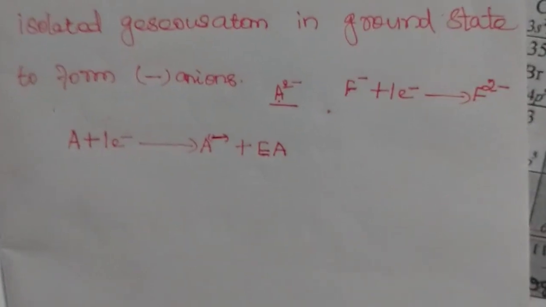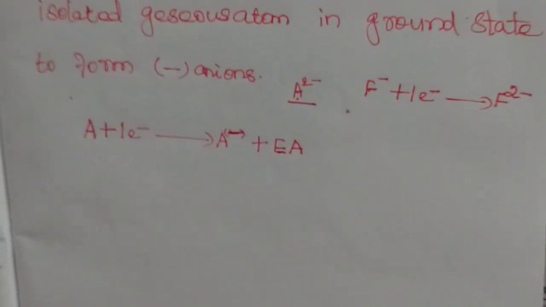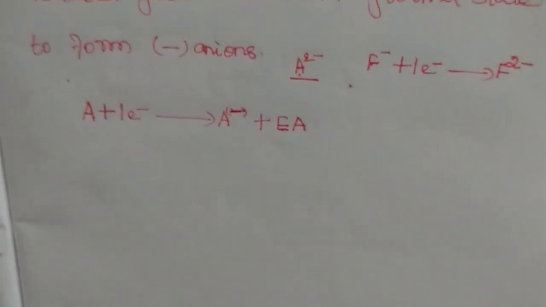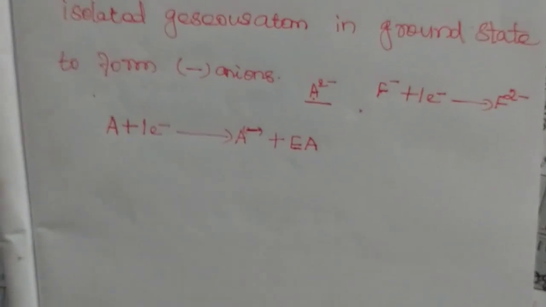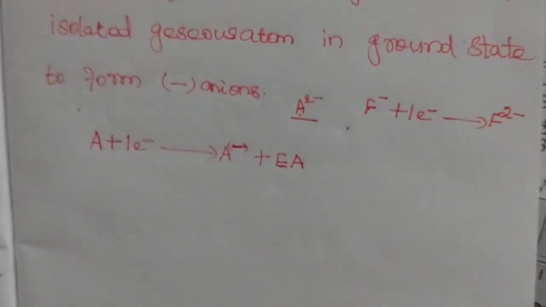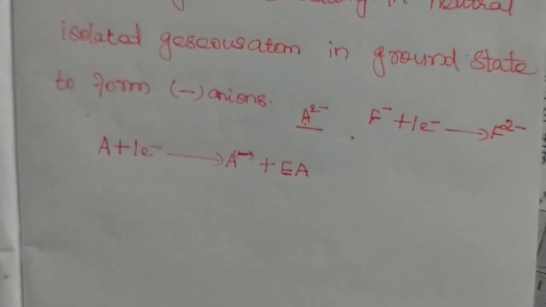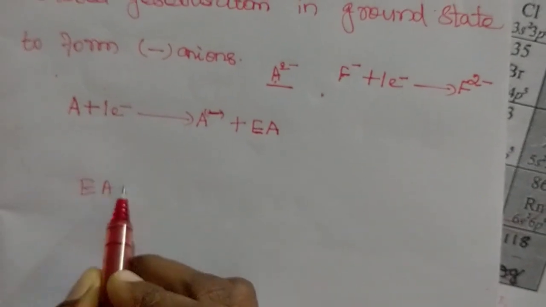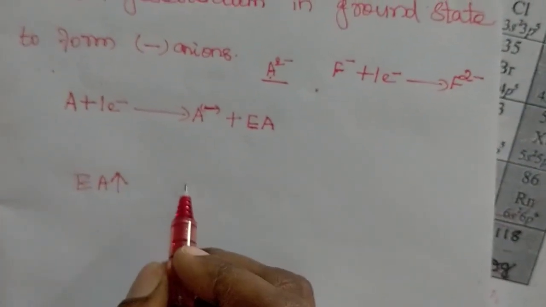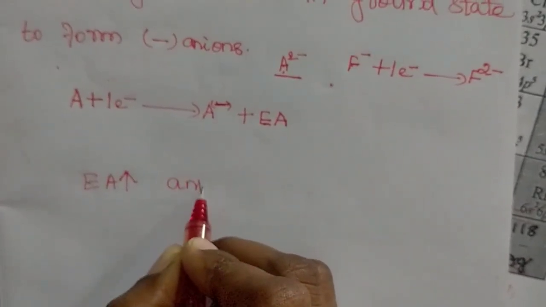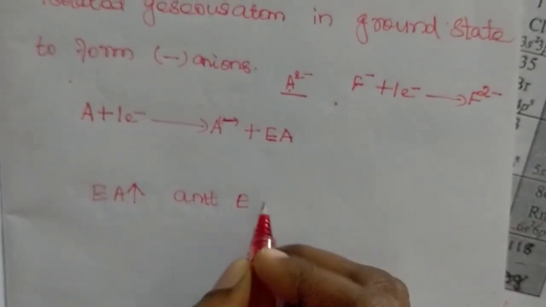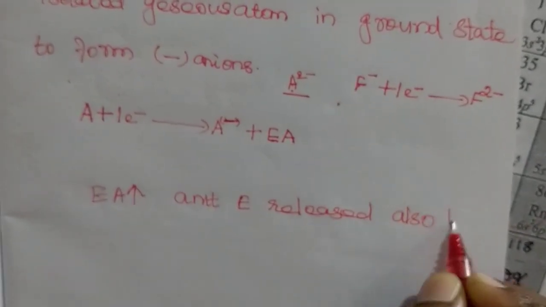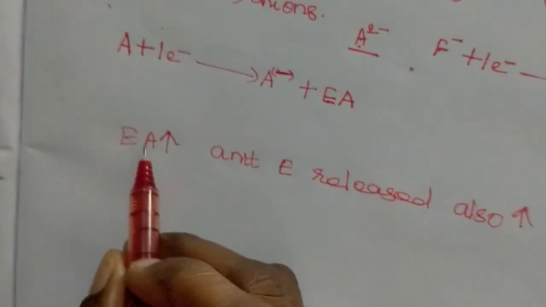So you have some variation in the electron affinity in a period, as we move from the alkali metals to the halogens. If you move from left to right of the period, you can see the electron affinity is increasing. Electron affinity increasing means the amount of energy released is also increasing.